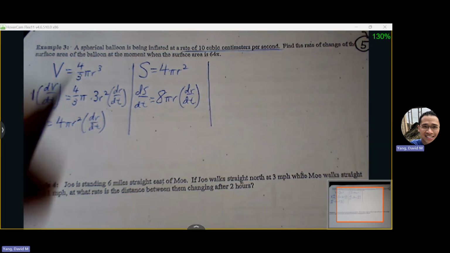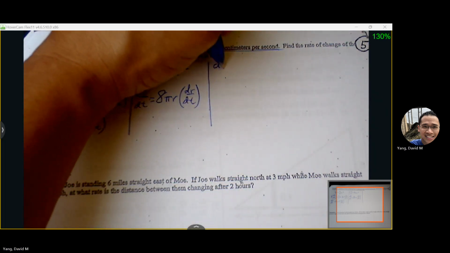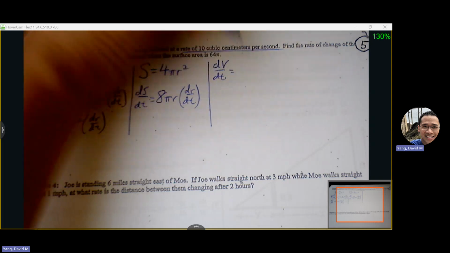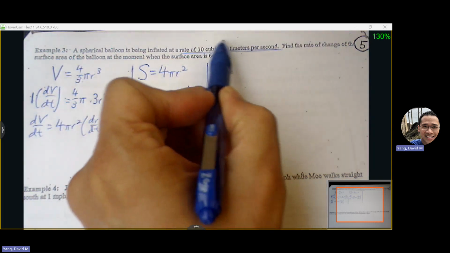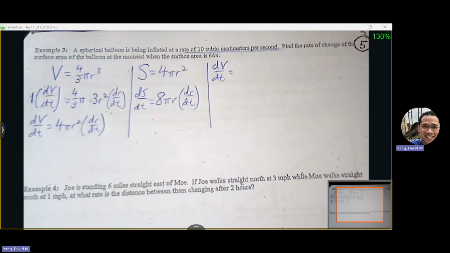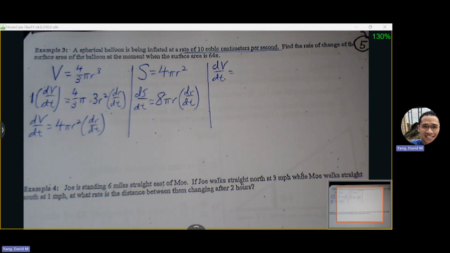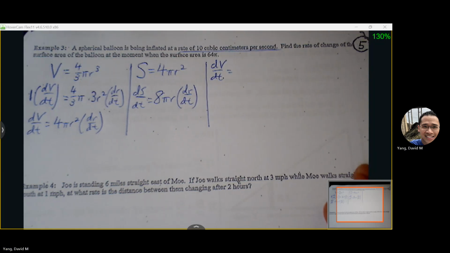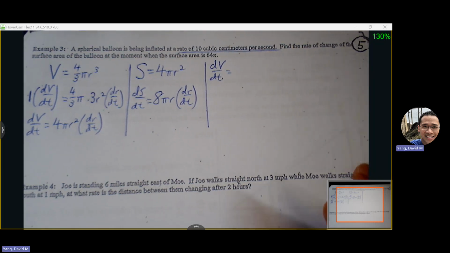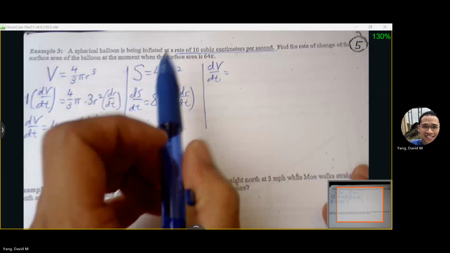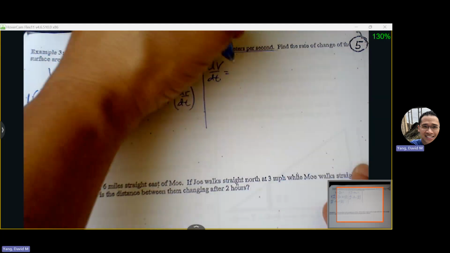So dv over dt. And we know it's volume related because that cubic centimeters gives it away, right? So area is 2-dimensional, volume is 3-dimensional, everything else is 1-dimensional. Okay, positive or negative 10? Positive 10. Because why? Inflated, yeah, getting larger, right?